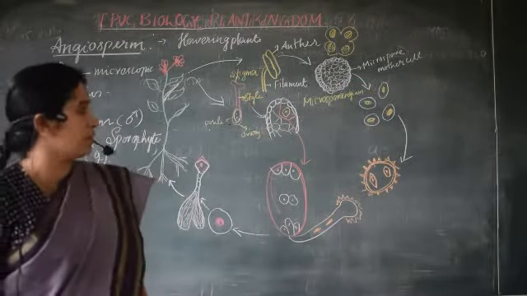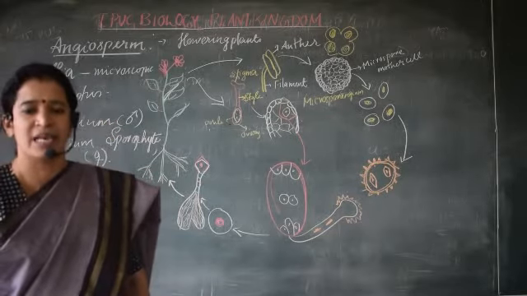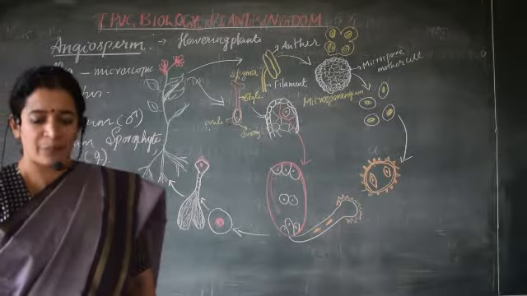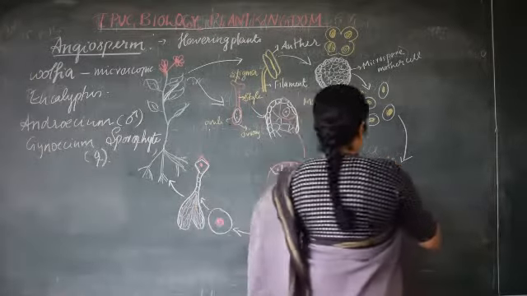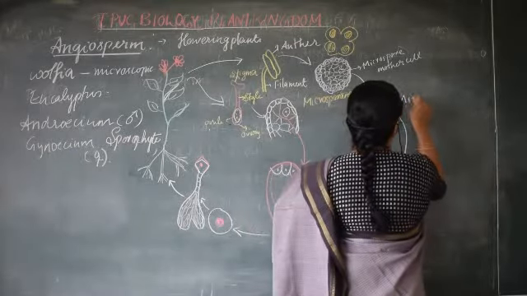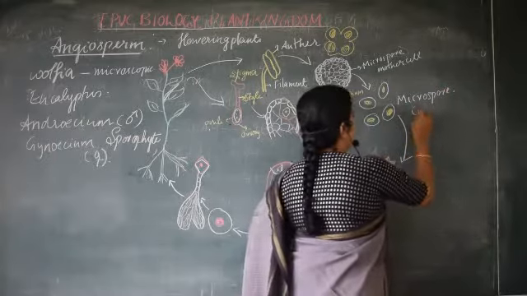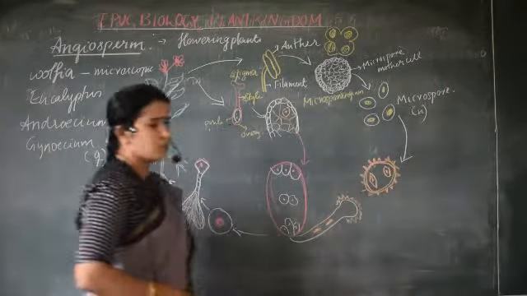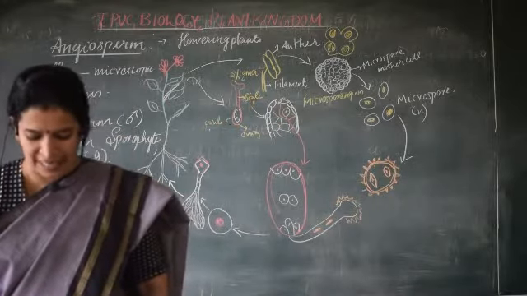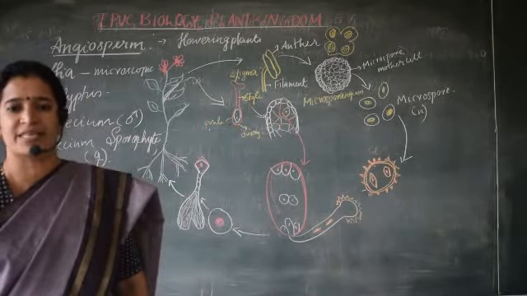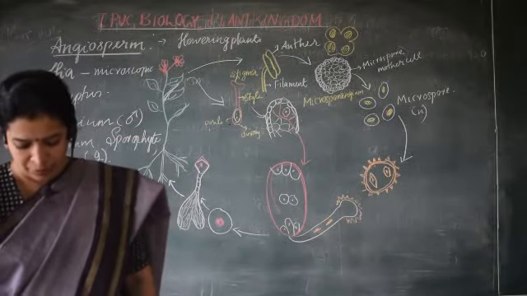One of the cells from this microsporangium, called the microspore mother cell, undergoes meiosis and produces pollen grains. Later we call these structures microspores, which are haploid in nature.